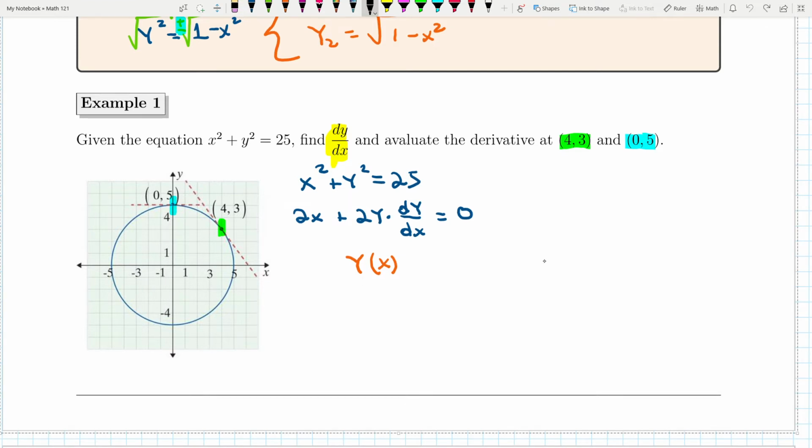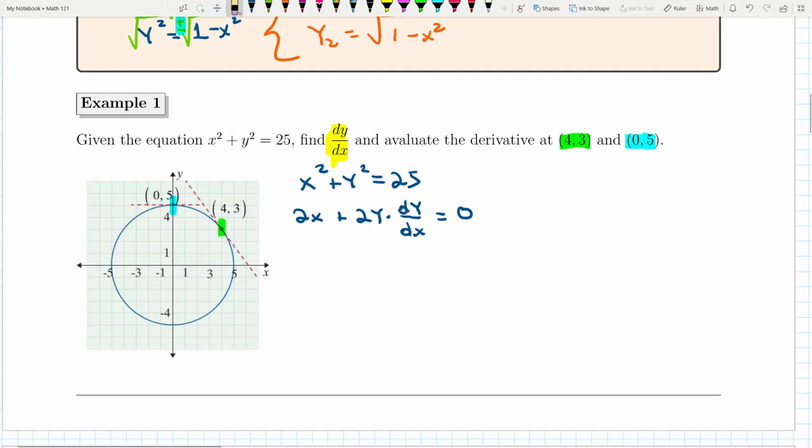So when we take the derivative of y squared, which is 2y, we then need to multiply by the derivative of this function that depends on x. So that's why we're doing this mini chain rule.